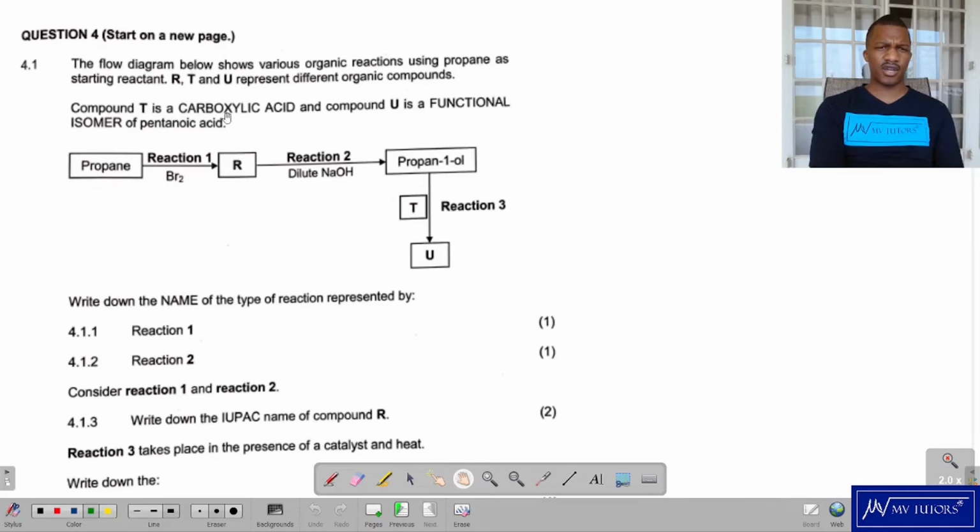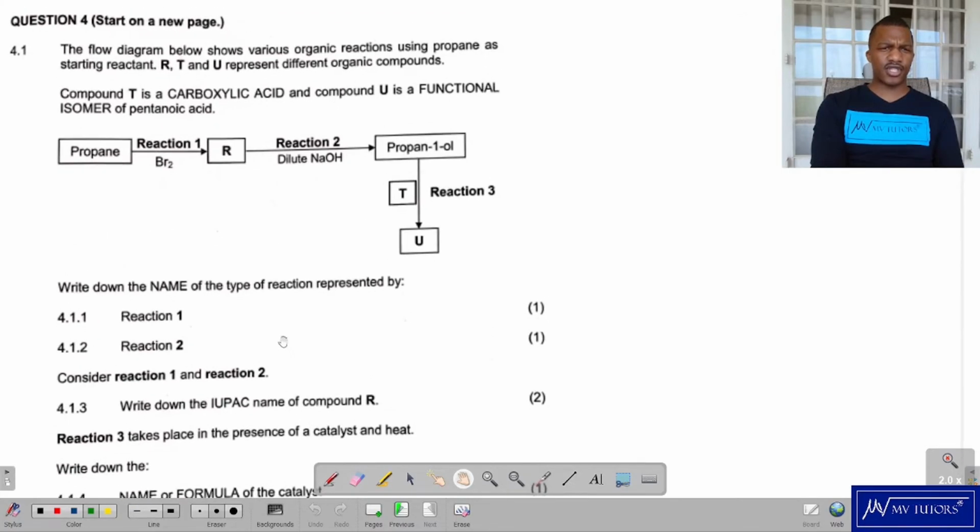Compound T is a carboxylic acid, there it is there, and compound U is a functional isomer of pentanoic acid. So pentanoic acid, that means pent is 5 C's. So we start off with 3 C's, we end up with 5 C's. Okay, cool.